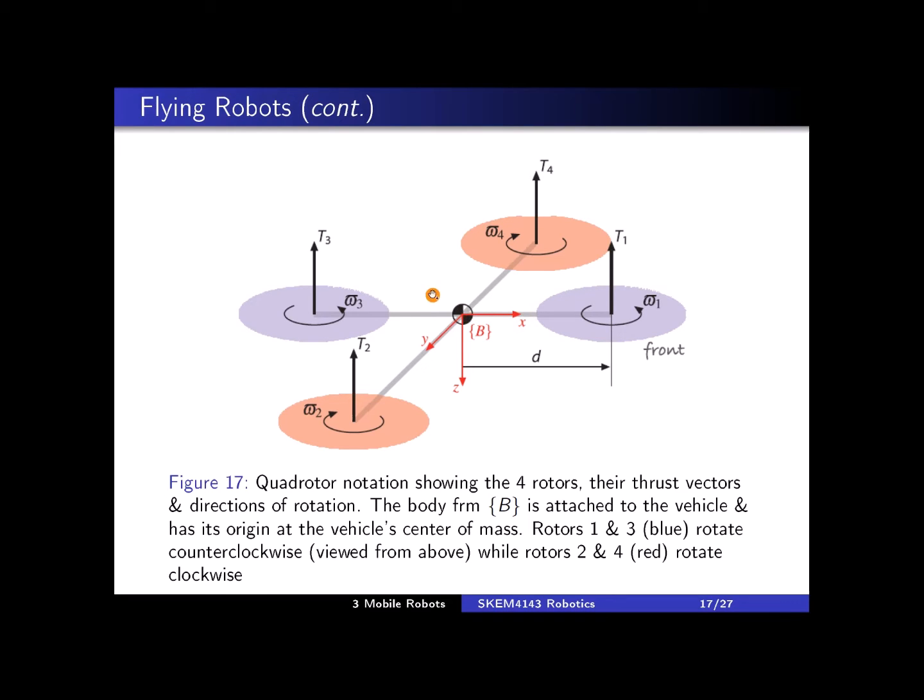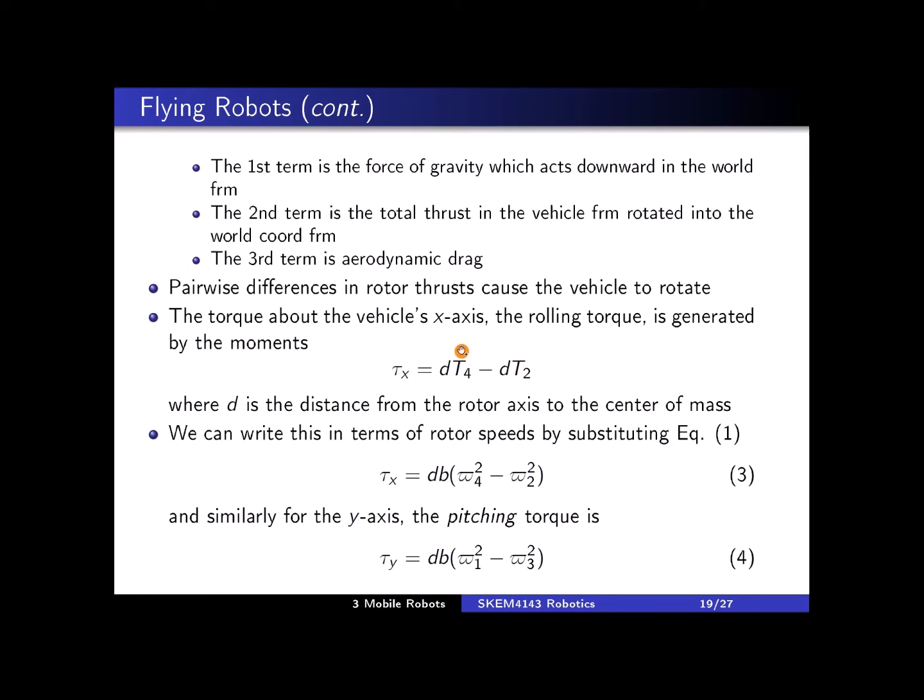So if I want to rotate the quadrotor around the x-axis, positive rotation around the x-axis, I need to generate more T4 compared to T2, right? If T4 is higher than T2, then the quadrotor will rotate in a positive direction about the x-axis, which is given by this.